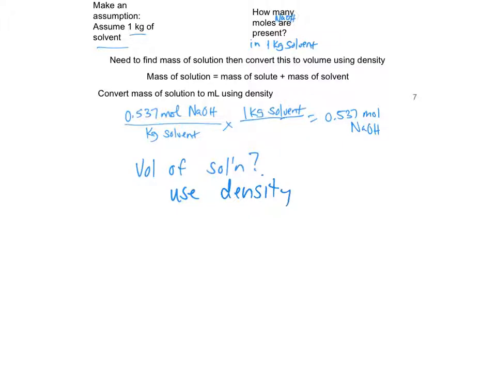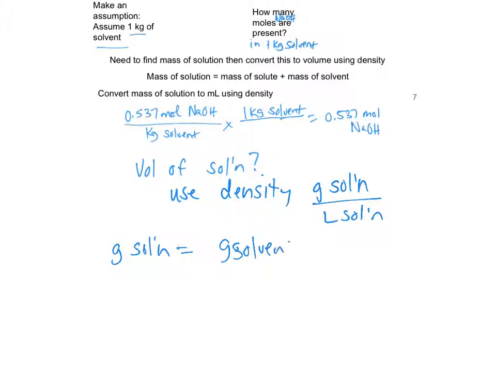But remember, the density is grams of solution per liter of solution. Right now, we know we have 1 kilogram of solvent. We don't know anything about grams of solution. To find the grams of solution, we need to know the grams of the solvent plus the grams of the solute.